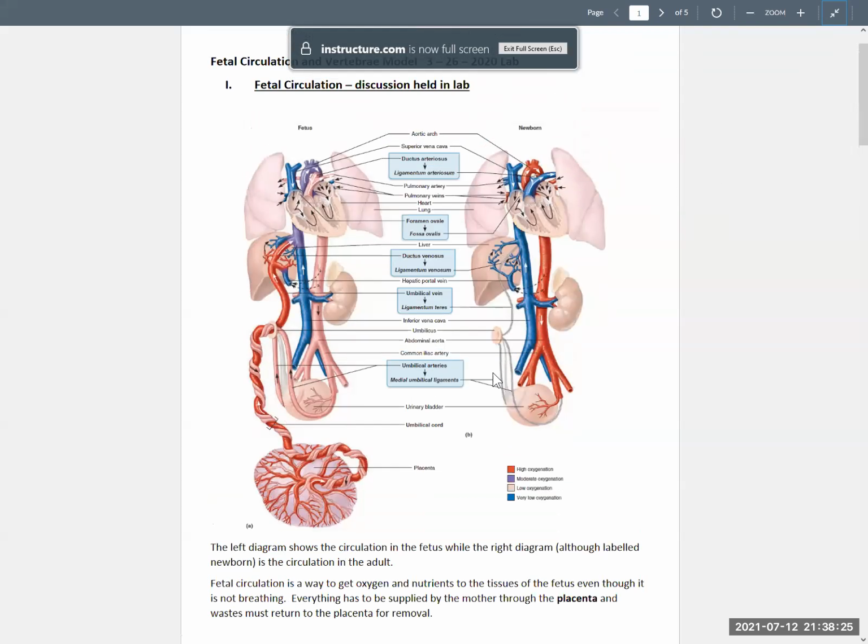Okay, we have two systems here. We can call them the left and right if we want to. The left one is of the fetus. This is the circulatory system of the fetus, of the unborn. And then once birth has occurred, the system changes some of its components physically, and we have the newborn situation.